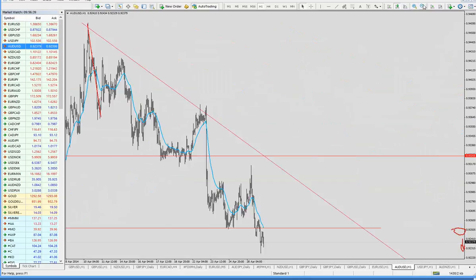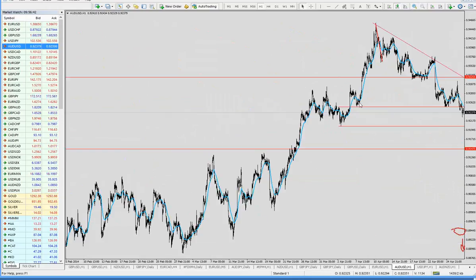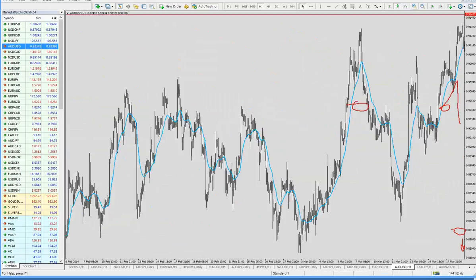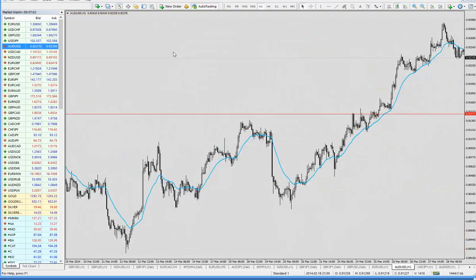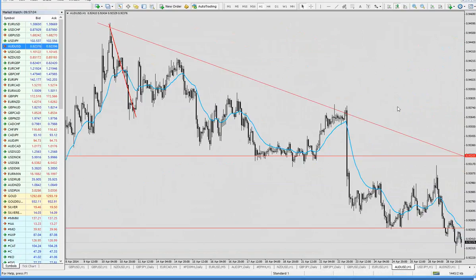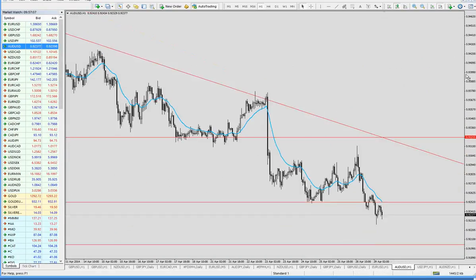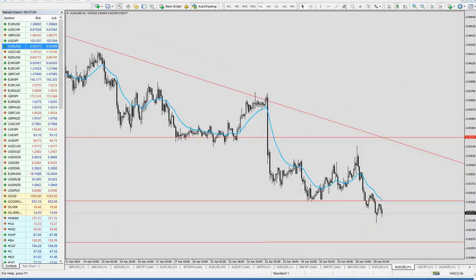Now it's based on this move from here. So retest higher, bam. Now okay, so now we were trying to retest this level, right?